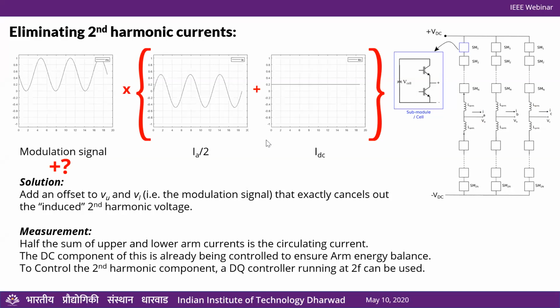So I'm not going to go into too much detail there, but essentially arm inductors are filters that do filtering of the submodule output voltages or arm output voltages. They work in the switching frequency domain, but they also do DC current control. So you don't want arm inductors to be too small, because then your DC current control becomes difficult. But you don't want them to be too large, because then first of all your dynamic response becomes poor, plus the size of the inductor at fundamental frequency is always a bone of contention.